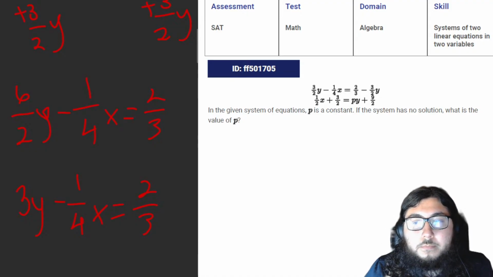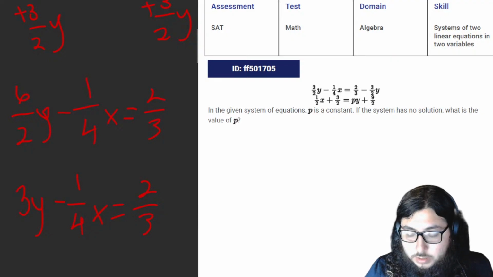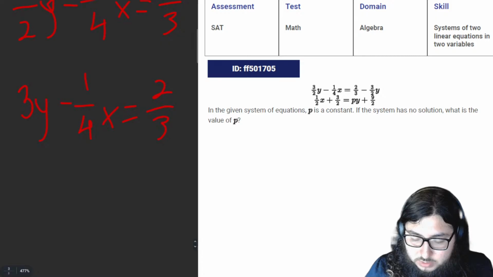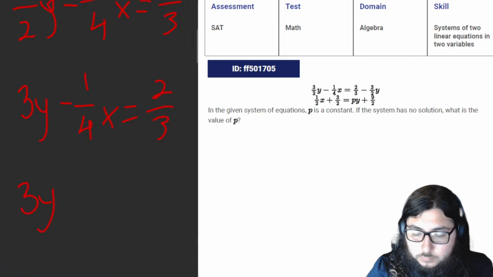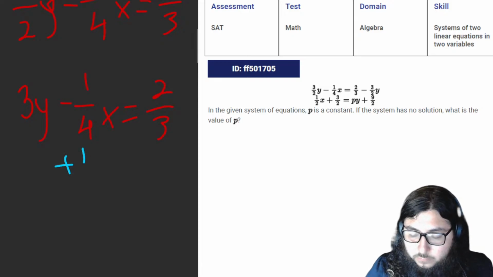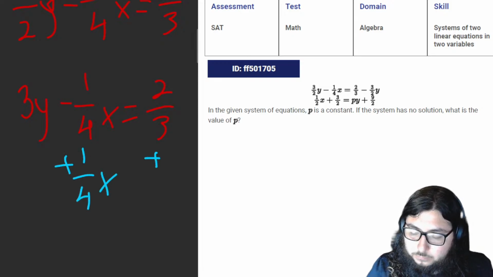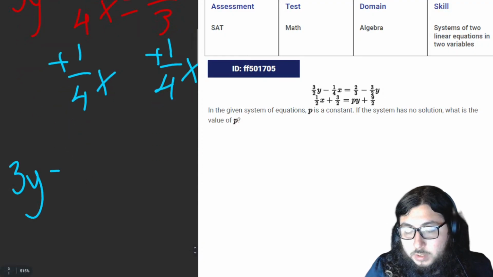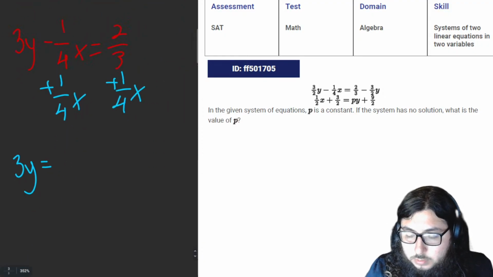From there, let's see what we could do. We could solve for one variable and substitute it in the other. So let's solve for x. Add 1/4 x to both sides. We get that 3y is equal to 2/3 plus 1/4 x.